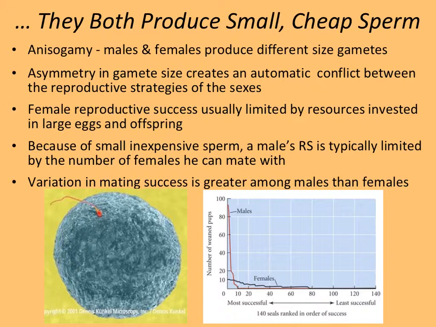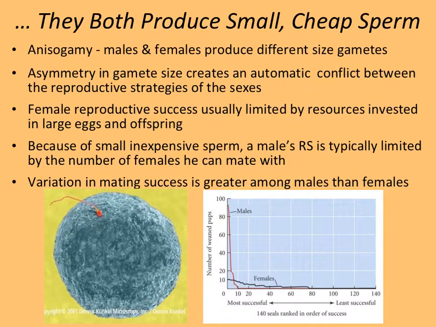Now, before you guys all get uppity about, oh, this is why men cheat and women are pure maidens, it doesn't quite work this way, as you probably know. But in theory, there are other factors that go into it.